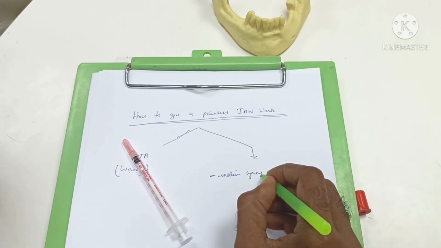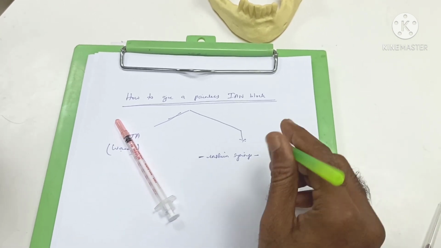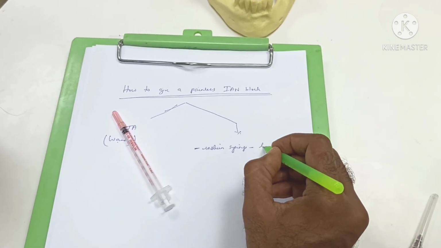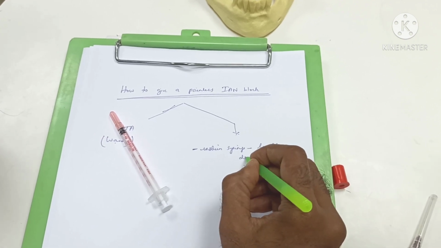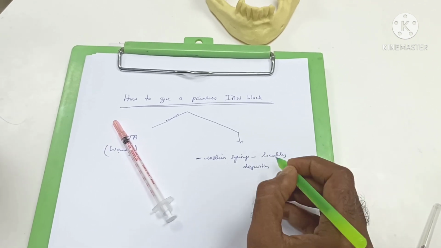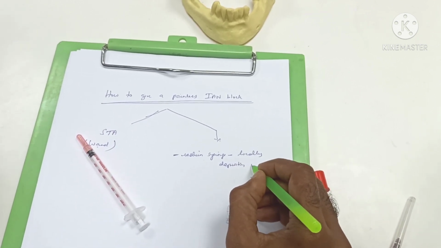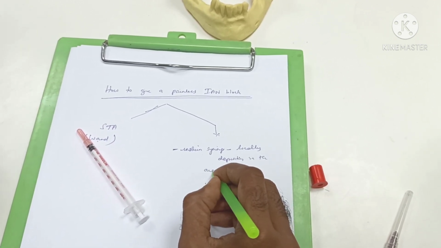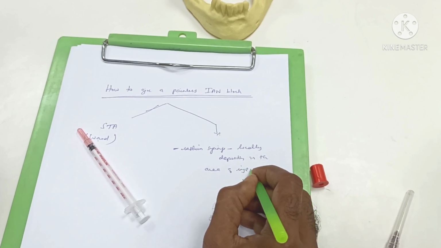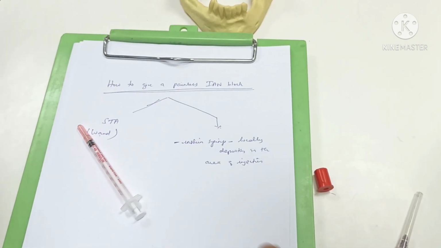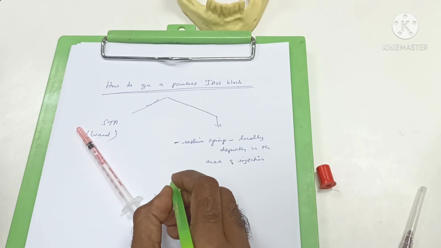Of course you are not taking insulin, you are taking local anesthesia and locally depositing a few drops, or even 0.5 ml, in the area of injection, and wait for 20 or 30 seconds, that is enough.